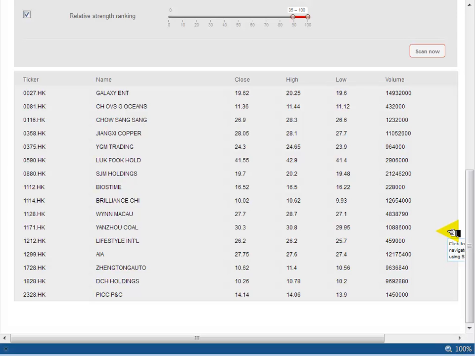Rather, all we do is we provide a software platform to analyze data that's already available to the public, and then we educate people how to interpret the information, how to manage their risk, how to understand the psychology of trading, and how to understand which chart patterns are the best ones to consider buying or selling.